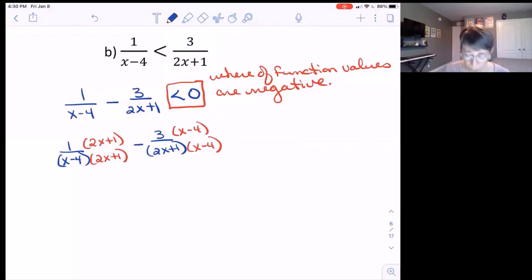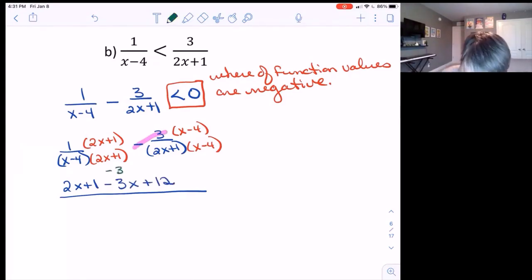Let's distribute the tops. We'll get 2x plus 1. And then we're distributing a minus 3, so that would give us a minus 3x plus 12. Those signs can be a little tricky. So that came from the fact that we had a negative 3 times an x minus 4. And remember, when you're adding fractions, you combine the tops, but you leave the denominators the same.